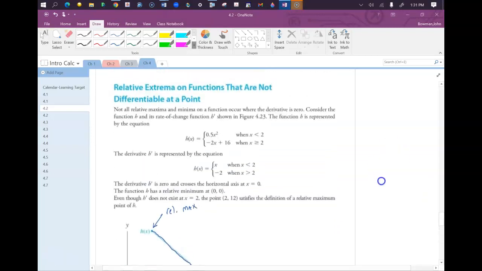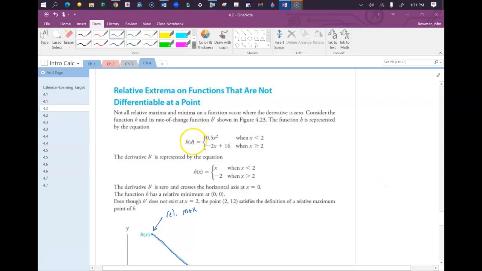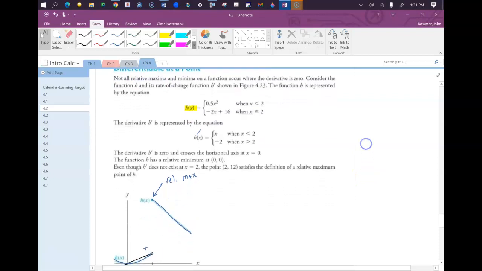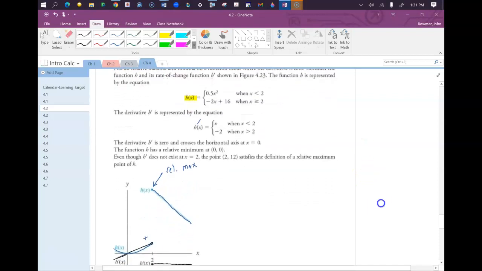So how does that play out in this example? Here is h of x, and the derivative h prime of x. The derivative of 0.5x squared is x, and the derivative of negative 2x plus 16 is negative 2. We have to think about where the function h of x transitions from one piece to another, and that's at x equal 2.